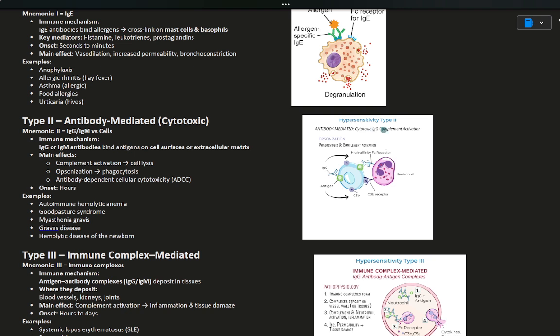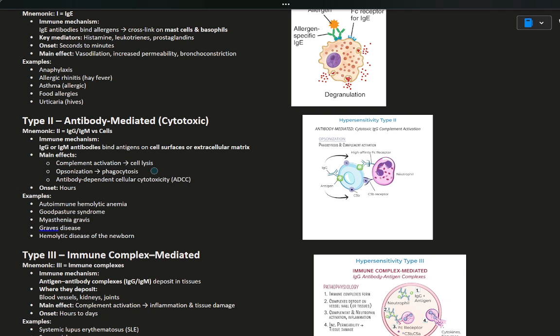So the way this hypersensitivity reaction works is that you have the IgG or the IgM antibodies that will bind to the antigens on the cell surfaces or the extracellular matrix. And you can see that happening over here.